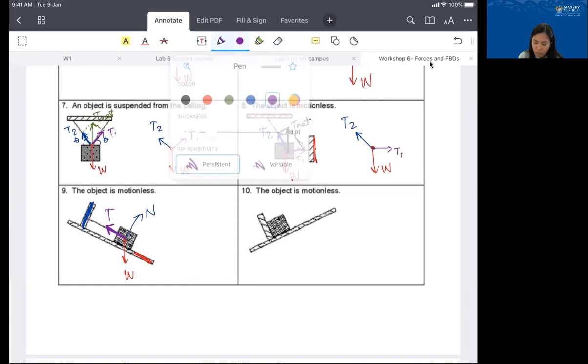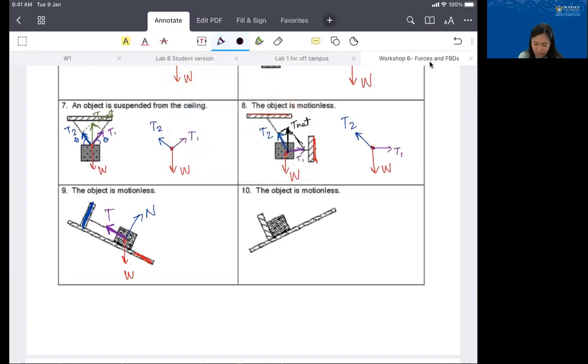And if you draw the parallelogram method between the tension and the normal force, they should form a net force that is directly vertical. That's tension plus the normal force to oppose the weight force. Okay.